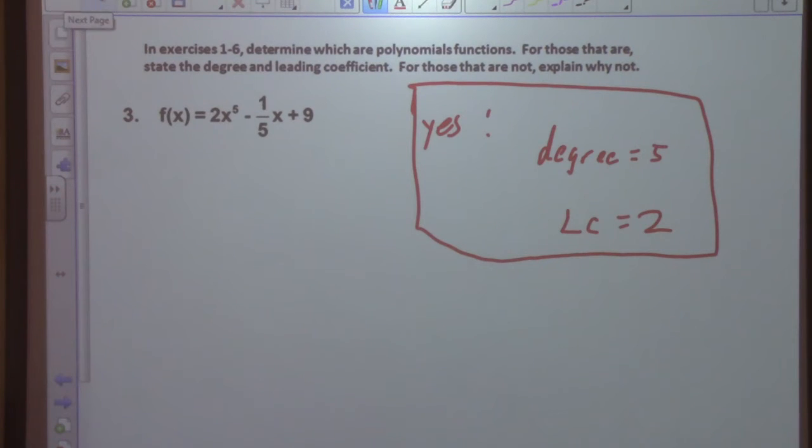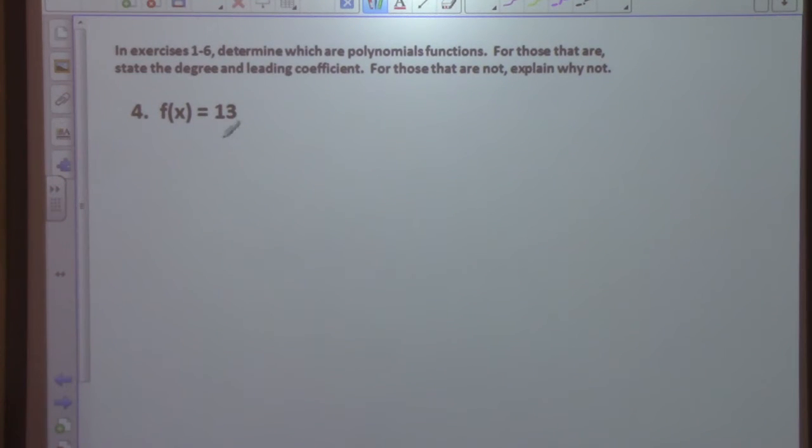Okay, let's go to this one right here. Polynomial function or not? Angel says yes. The answer is actually yes, and I'm going to have to explain what this is. What we have is 13. When you have a number by itself, this is actually 13x to the power of 0.